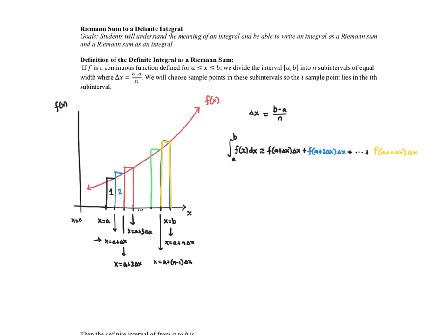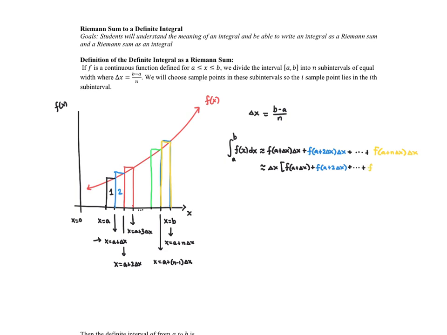All right. Now, one thing we could do is we could take out a delta x. Since they're all the same, take that out. And what we've got is this summation: f of a plus delta x, f of a plus 2 delta x, all the way out to the nth delta x.